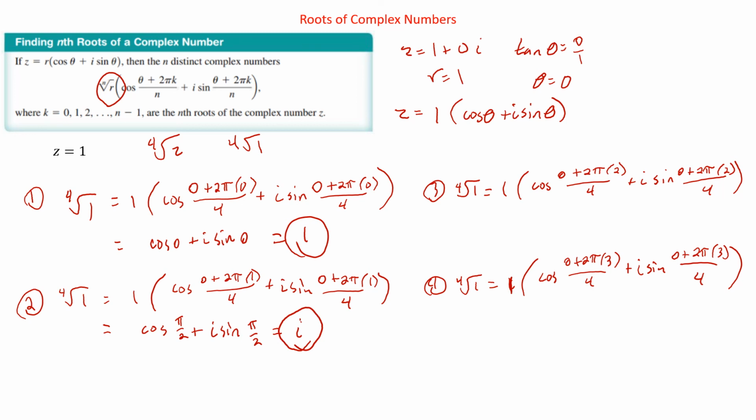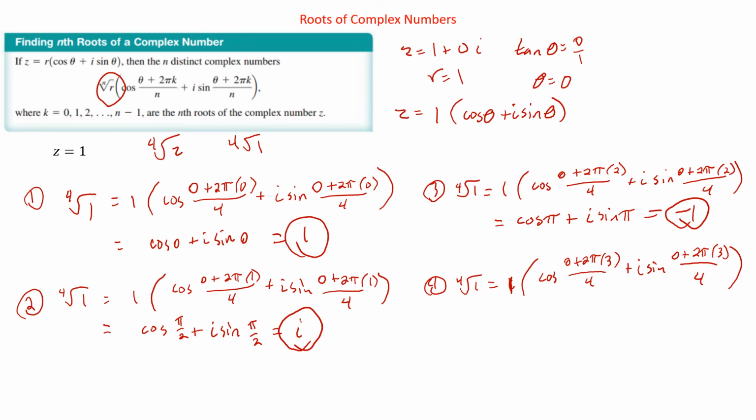The third power is a little bit more interesting because you get like 1 plus root something i. It's crazy. This one, 2 pi times 2 is 4 pi, so divide by 4 is pi. So this would be cosine pi plus i sine pi. Cosine pi is -1, and sine pi is 0, so we have -1.